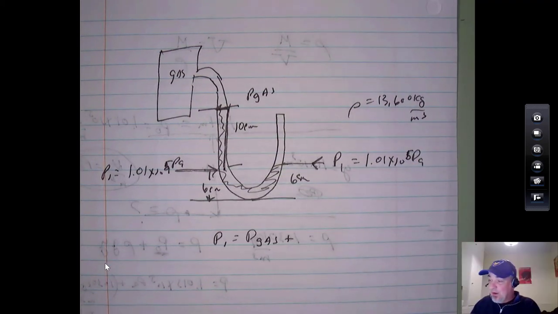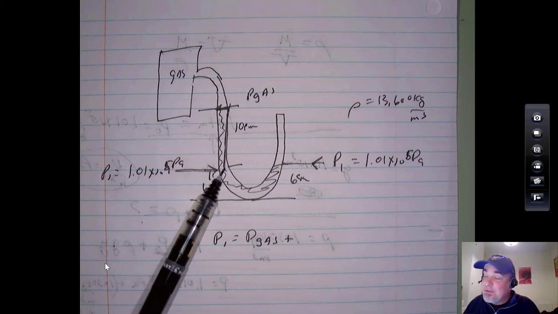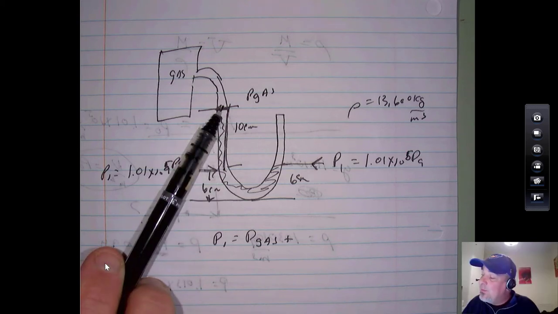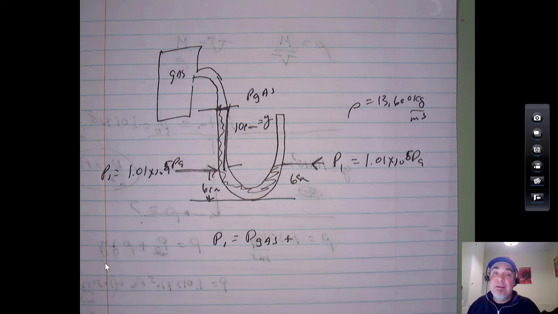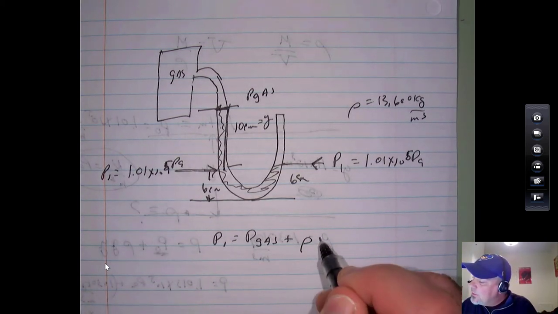Just like we did with the ocean problem, the pressure at the bottom of the ocean was due to the pressure at the top of the ocean plus rho GY. It's the same thing here. The pressure here at depth is equal to the pressure at the top plus rho GY. This is the Y I'm talking about, the 10 centimeters. So rho GY.